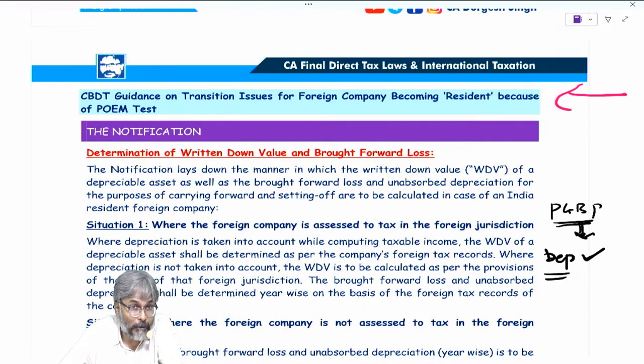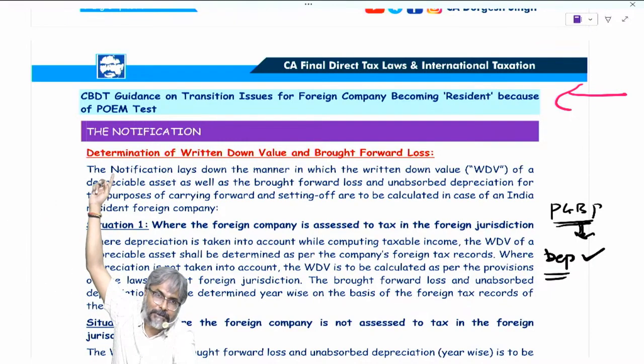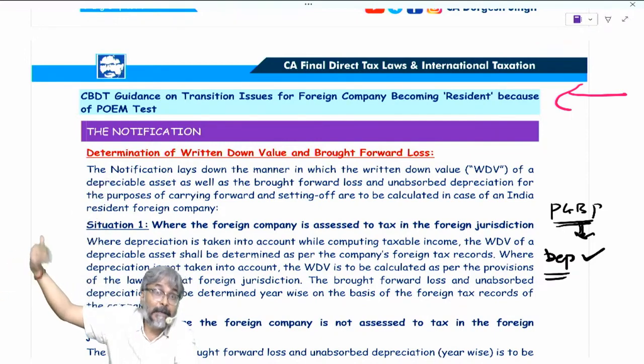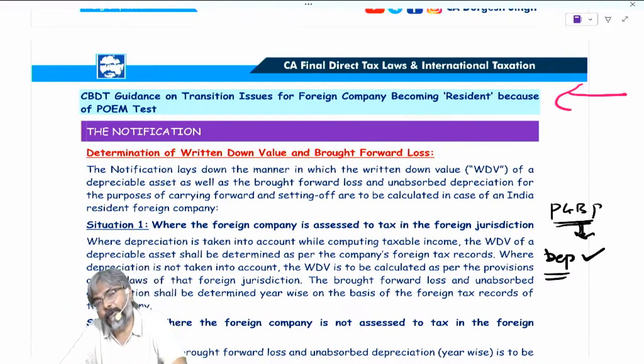Or there is a second option also now. And what is the second option? To tell them to recompute right from the actual cost till opening WDV. The depreciation. Recompute everything. And that too as per the rate of depreciation as per the income tax.